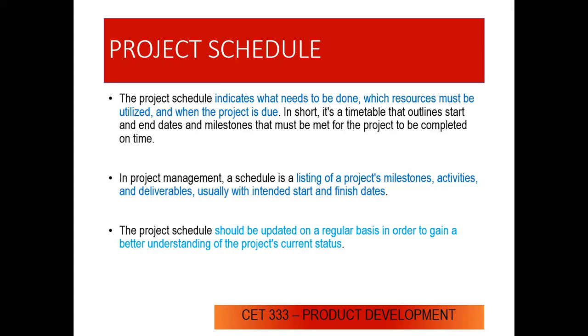In other words, you can look at a schedule as a listing of projects, milestones, activities, and deliverables, usually with intended start and finish dates. This schedule should be updated on a regular basis in order to gain a better understanding of the project current status.